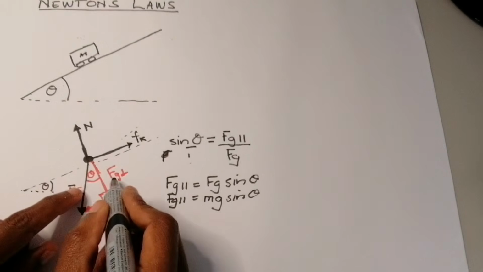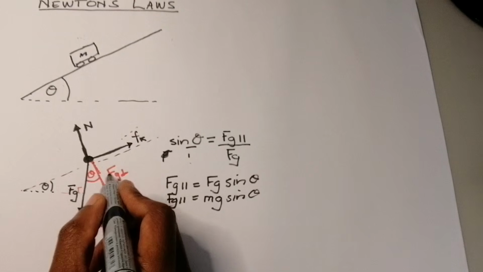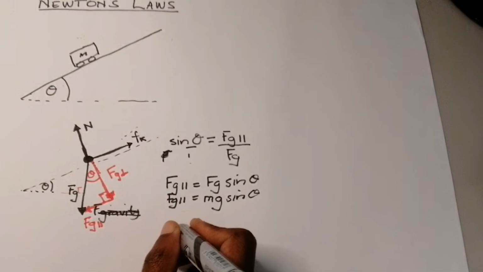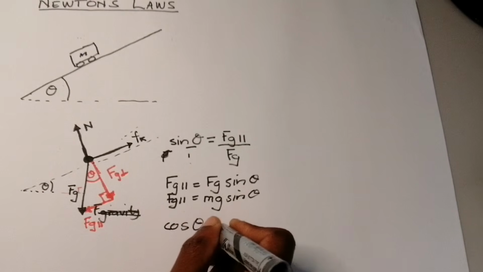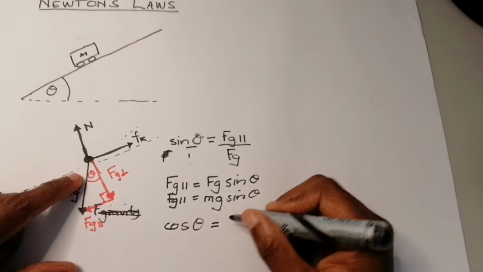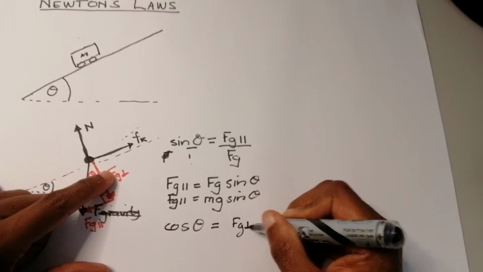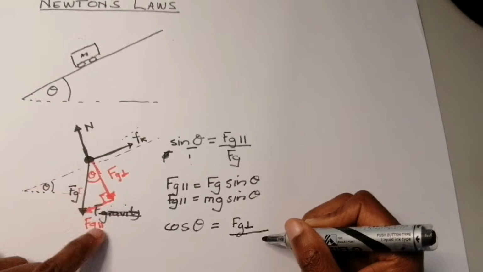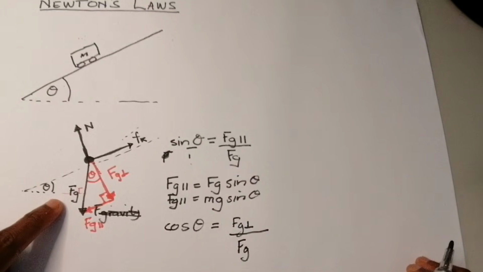So in this case, it's going to be FG perpendicular, that's the adjacent side over the hypotenuse. That's the cos of theta, isn't it? So cos of theta would be equal to, let's take our adjacent side, FG perpendicular divided by the hypotenuse in this case, which is the force of gravity.